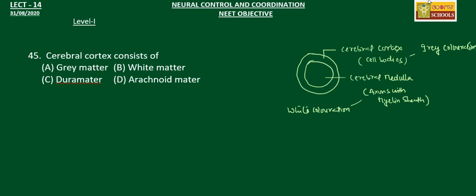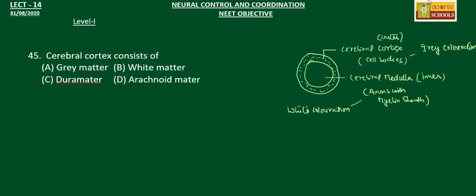So the cerebral cortex region is the outer region, and this is the inner region. The outer region, that is the cerebral cortex, will be gray in coloration.